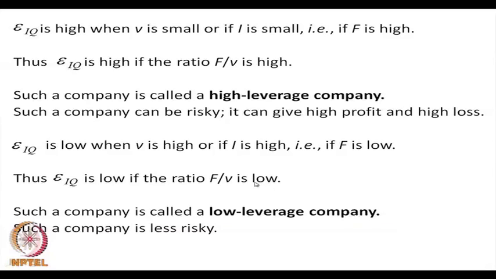Now, we can show that a high leverage company can be very risky. It can result in high profit, but it has a risk of also high loss, compared to a low leverage company which gives low profit, but also low loss.